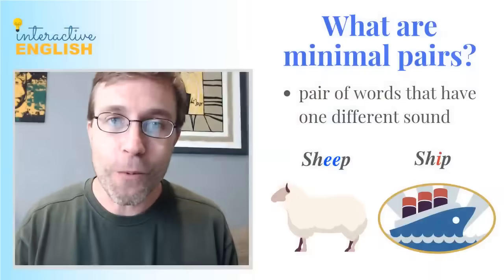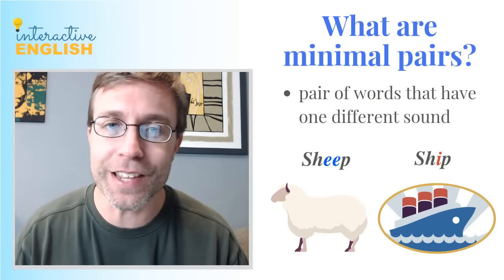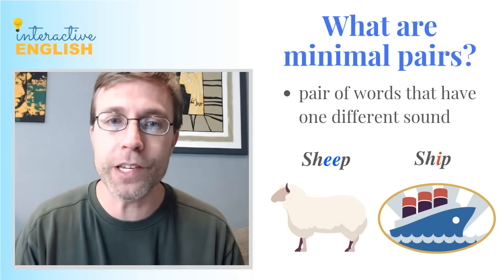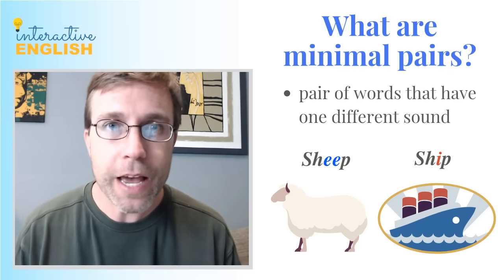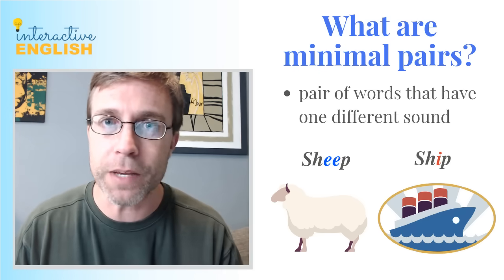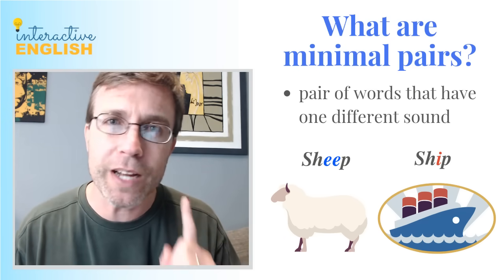So the first question that you may have is this one. What are minimal pairs? Minimal pairs are a pair of words that have only one different sound. And that's why they can be confusing, because the words sound very similar except for this one sound.